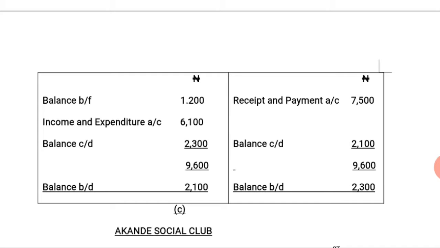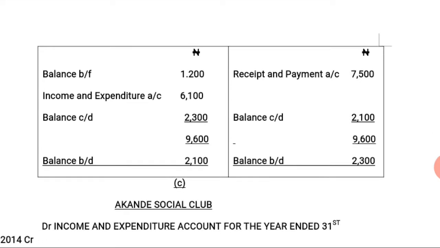From that 9,600, you are going to deduct the amount owing by the members in 2013, because that 2013 amount is not meant for 2014. And the reason for preparing the subscription account is to determine the exact amount of subscription which was due for 2014.